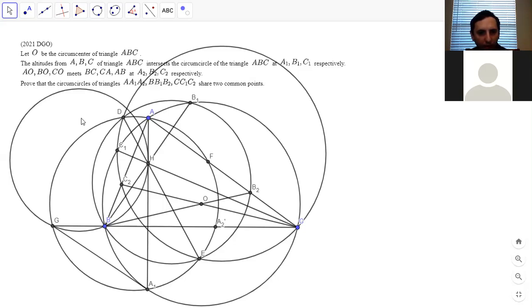So I think, so what would the center of that circle be?